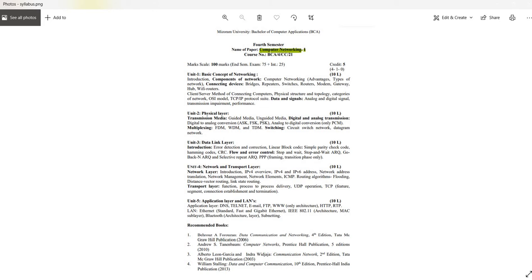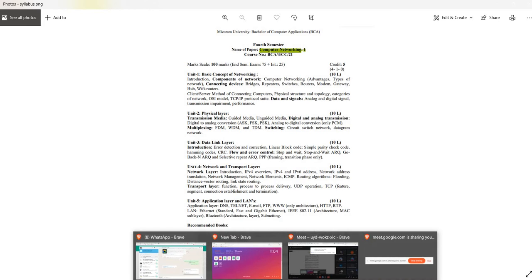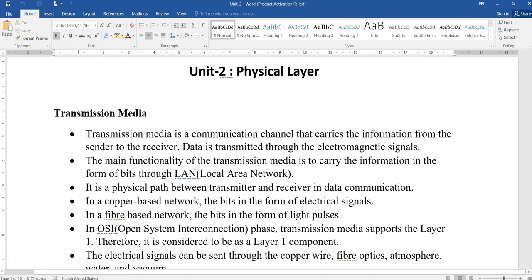In the OSI reference model, we have 7 layers. The first layer is the physical layer. The physical layer is concerned with the bit by bit transfer of data already prepared from the upper layers.